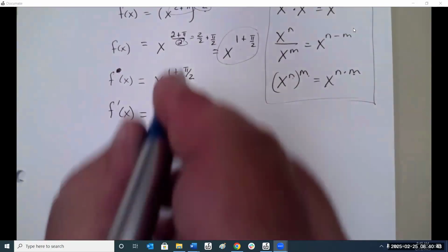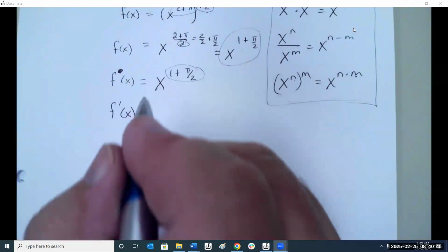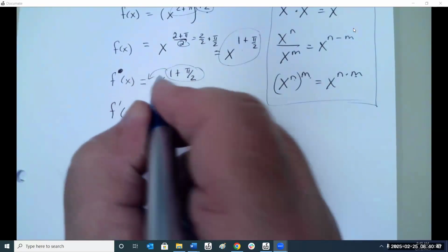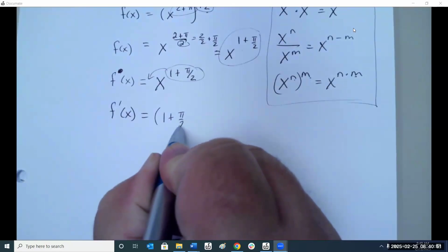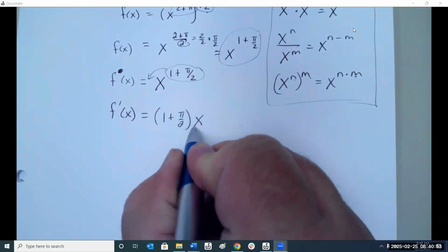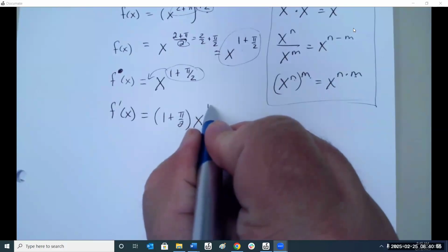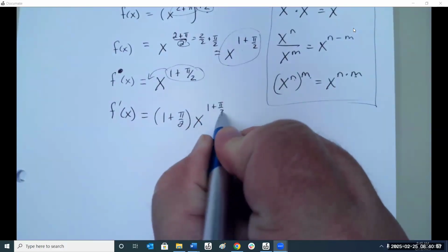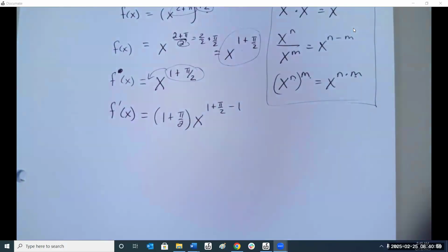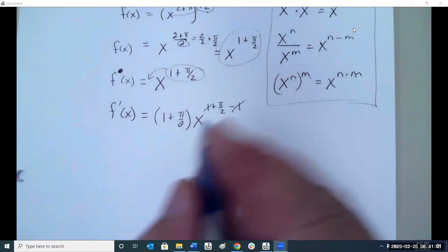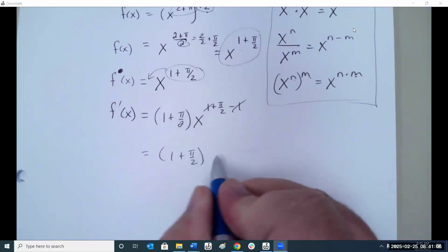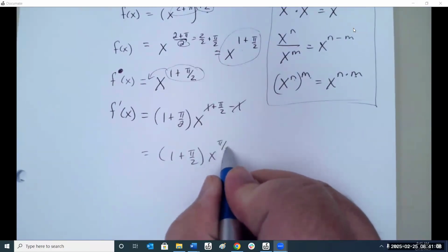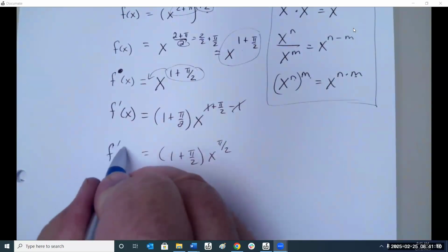Take the exponent, do what with it? Bring it out in front. And then what do you do with it up on top? Subtract 1. So the 1's cancel. There's our derivative.